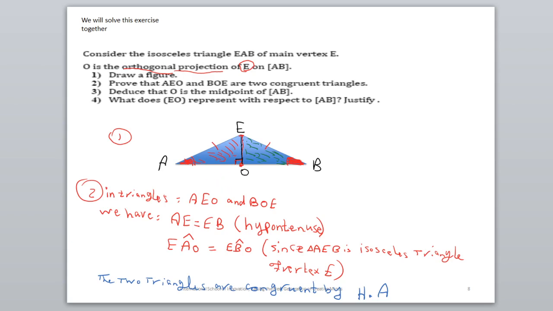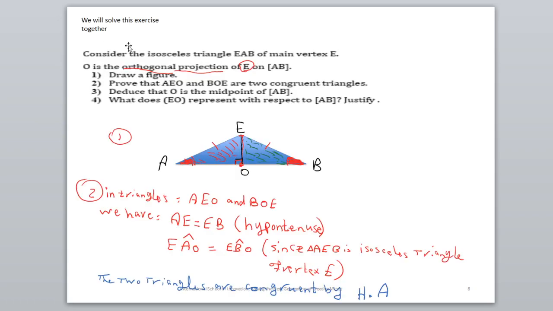So let's go to number 3, or part 3. He's saying in part 3 here, deduce that O is the midpoint of AB. Let me solve number 3 here because the diagram is in front of my eyes.